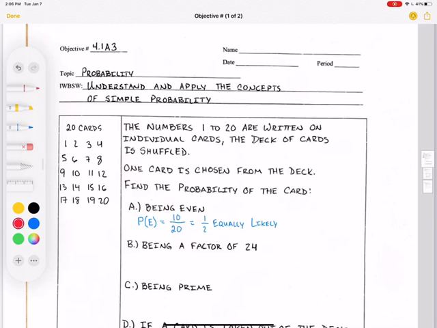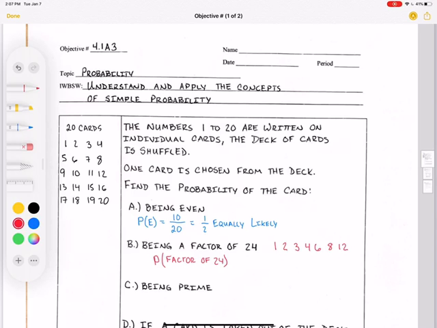Alright, the probability of them being a factor of 24. So the probability of factor of 24. Alright, factors of 24. 24 can be divided by 1, 2, 3, 4, 6, 8, 12, and obviously 24, but 24 is not an option.